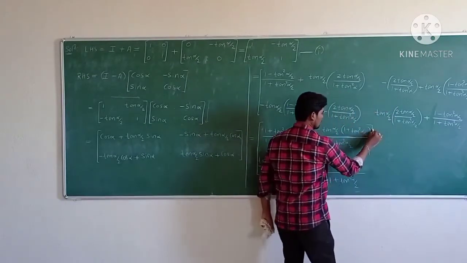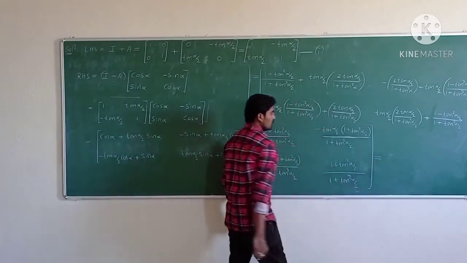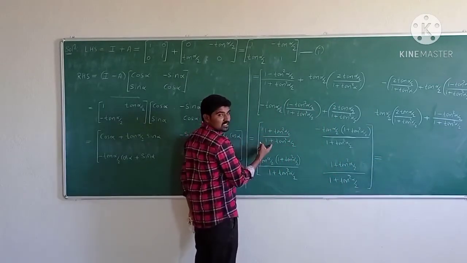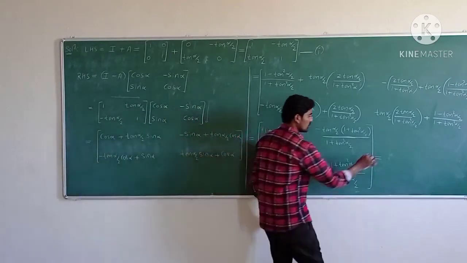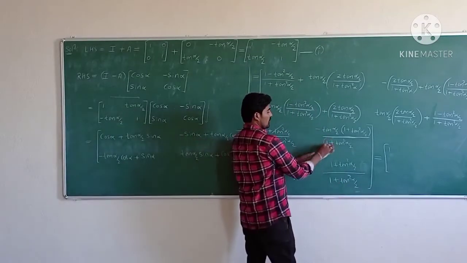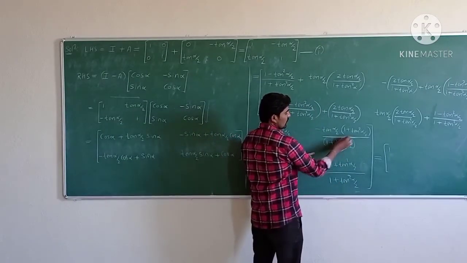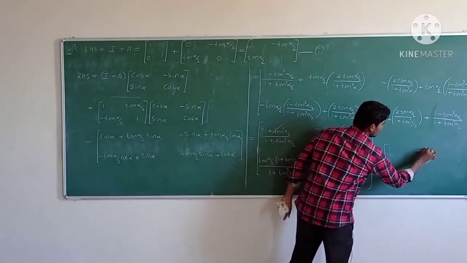So therefore now, 1 plus tan square alpha by 2 and 1 plus tan square alpha by 2 get cancelled. Here we go to 1. Here 1 plus tan square alpha by 2 gets cancelled and we go to minus tan alpha by 2.